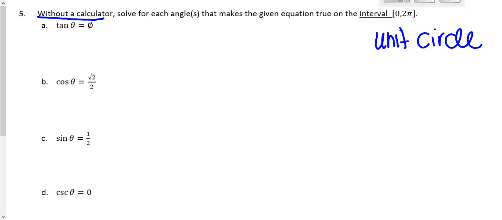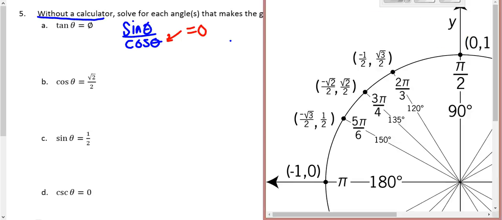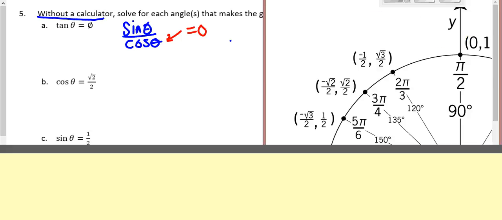So the first one says that we are looking for wherever tangent is undefined. So that symbol means undefined. So tangent is sine over cosine. So in order for this to be undefined, we would need the cosine on the bottom to be equal to 0, which means we need to look at our unit circle and find where cosine is equal to 0.